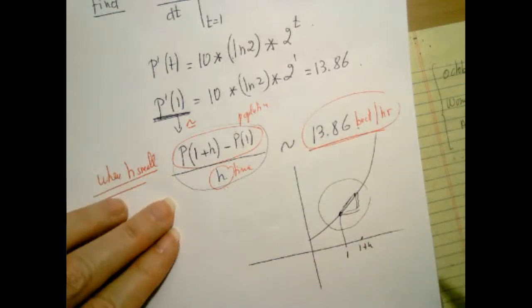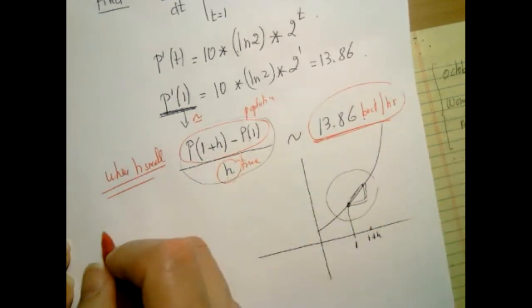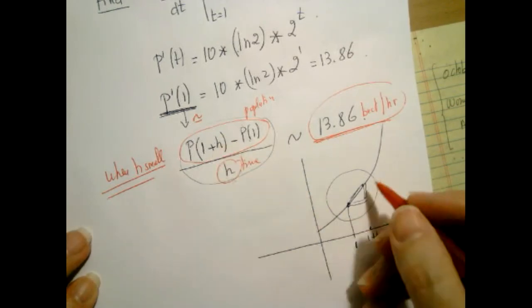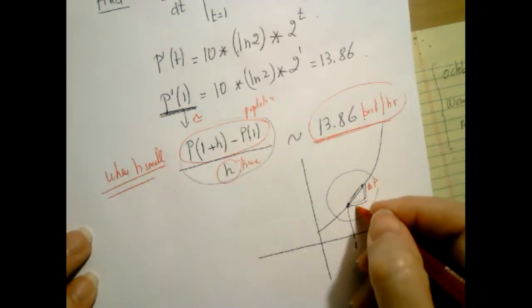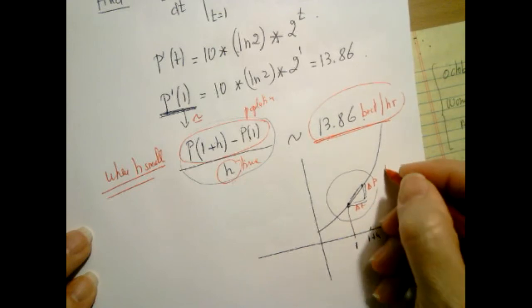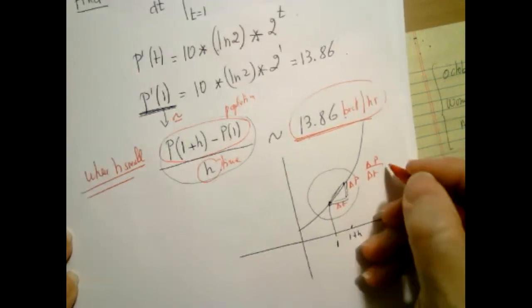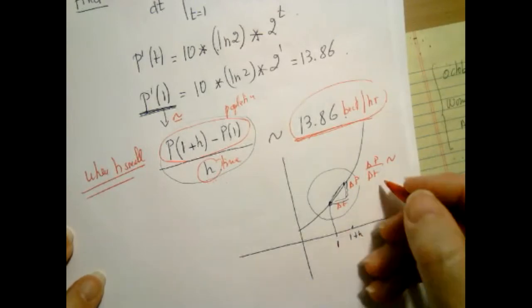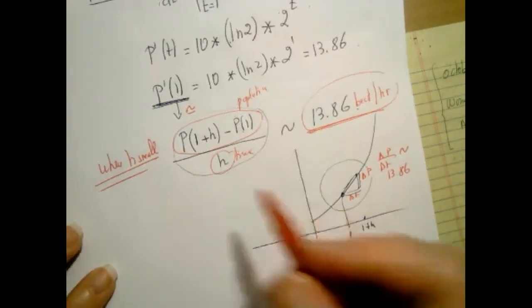But now let us understand a little bit what this number tells me. It's like a slope. It means that the change of population over the change in time is almost equal to 13.86, almost equal. So let's write this down.